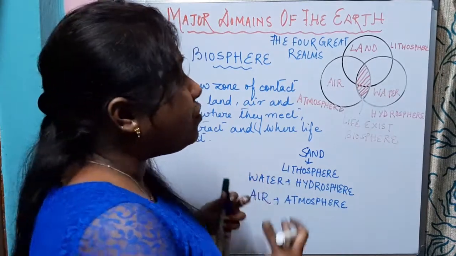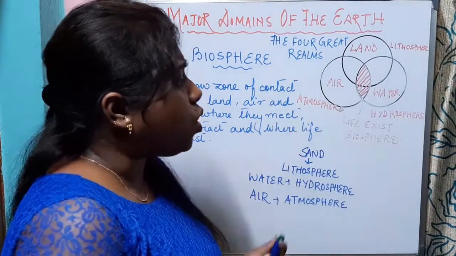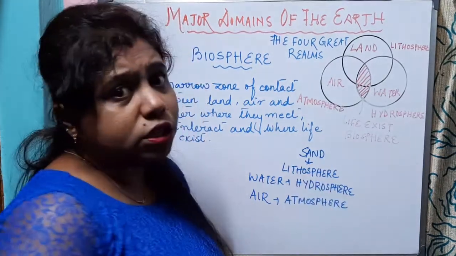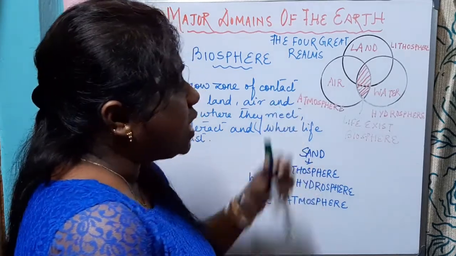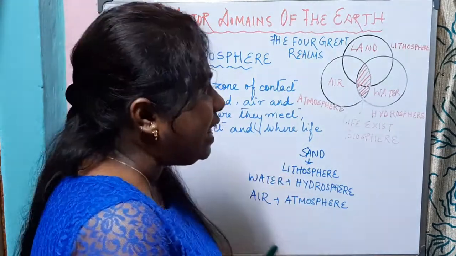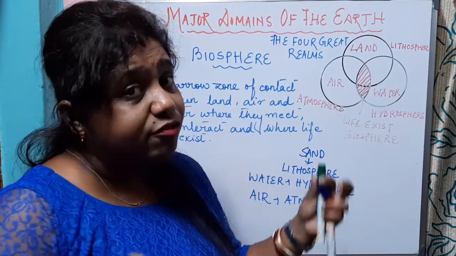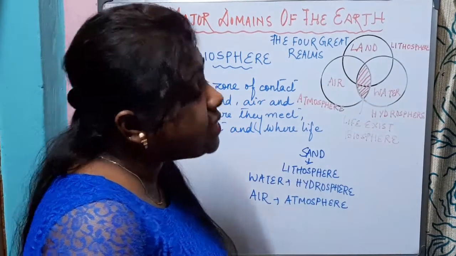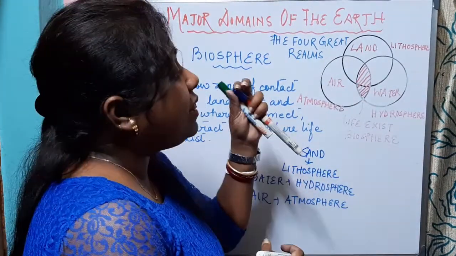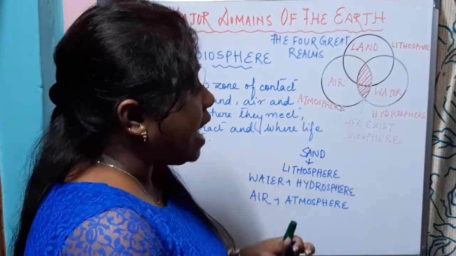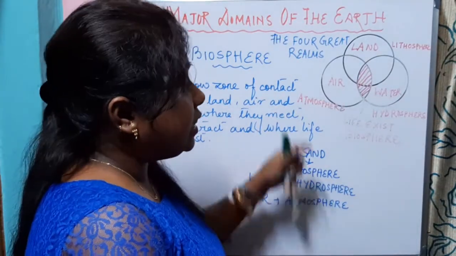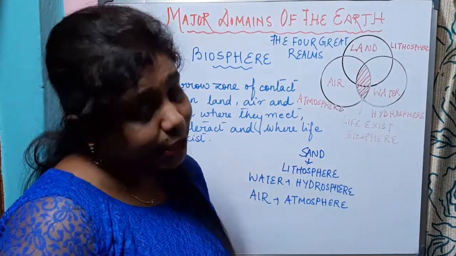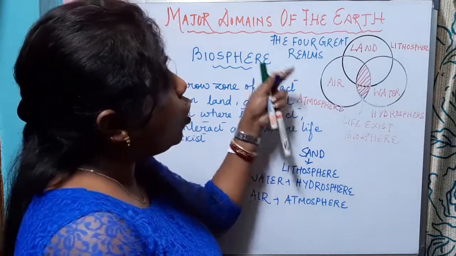But if there is no land, no air, no water, how will we exist? After that, how will we live? So air, land, water, all these are necessary components of the environment, and they make life possible. And these four domains together form the Earth's system, and they are called the four great limbs.